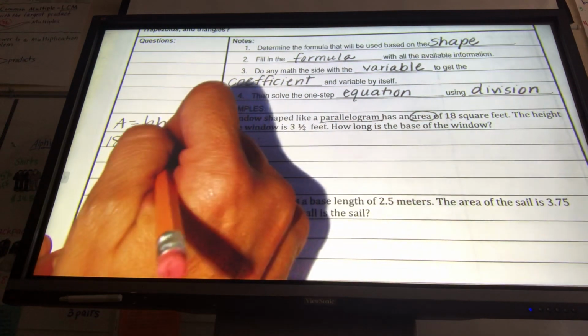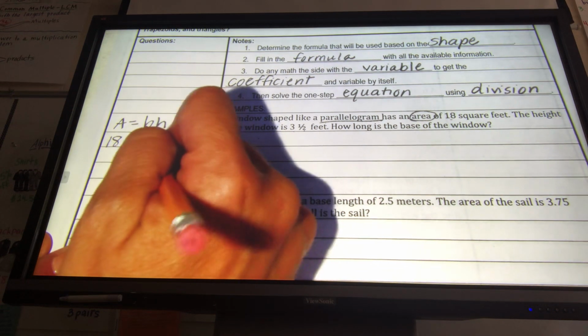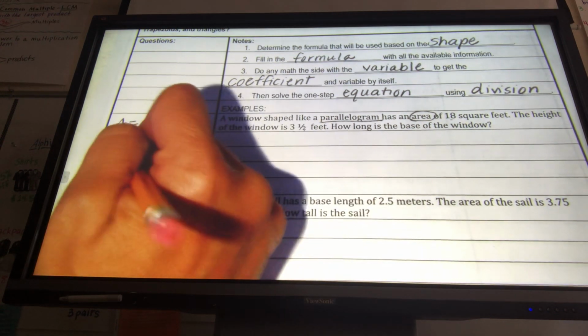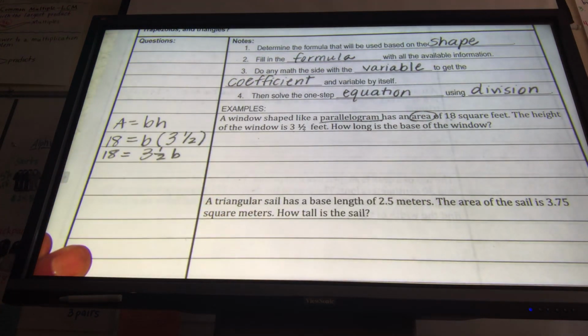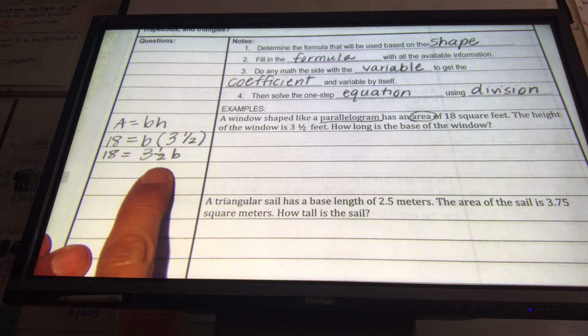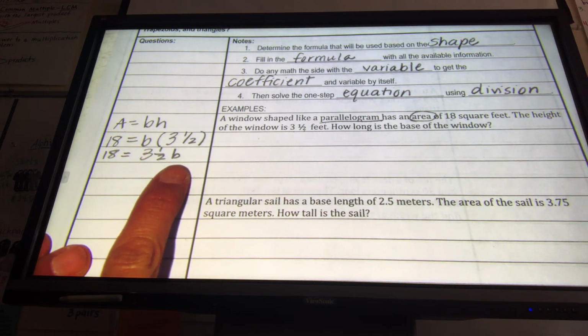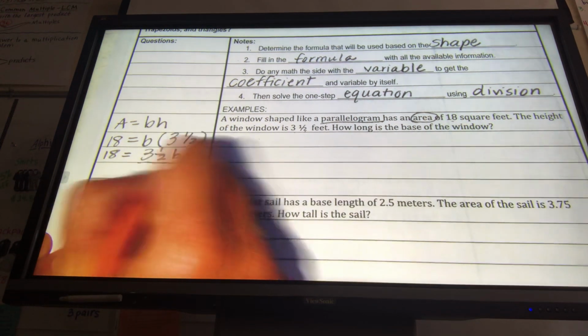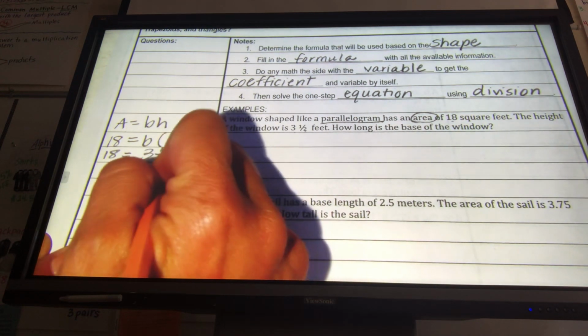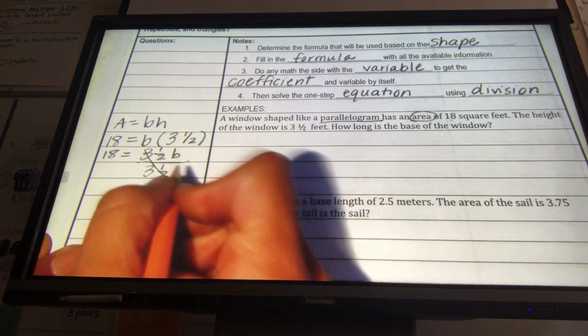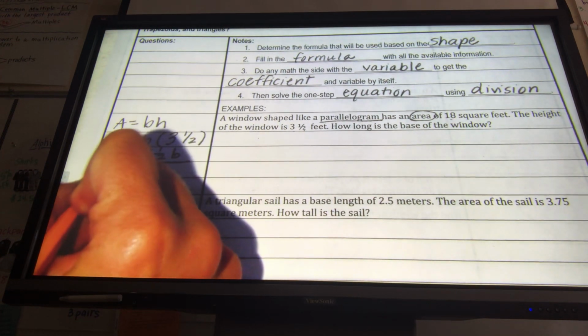For me, I would write it like this: 3.5 B equals 18. Because I have 3.5 smashed up against a variable, that means that's a coefficient, that means I'm dividing here. This is multiplying, so I divide by 3.5.